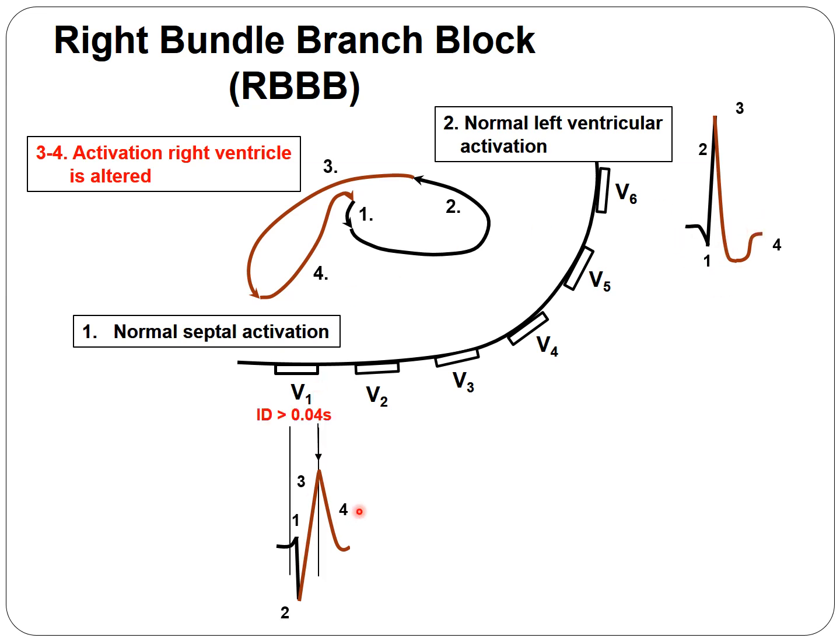If we look at the ID time, it is elongated in V1 and not altered in V6. Looking at the surrounding leads, in V2 you can see the M complex, or RSR complex, and in V5 and V6, very similarly, a QRS complex where the S wave is wide.